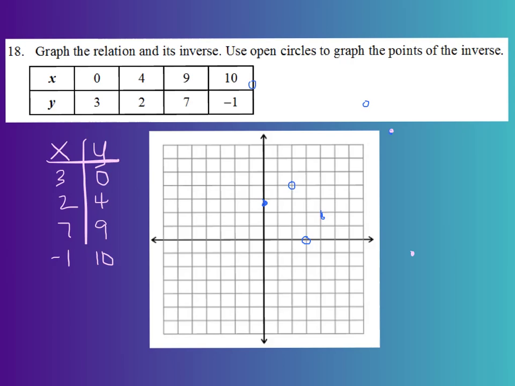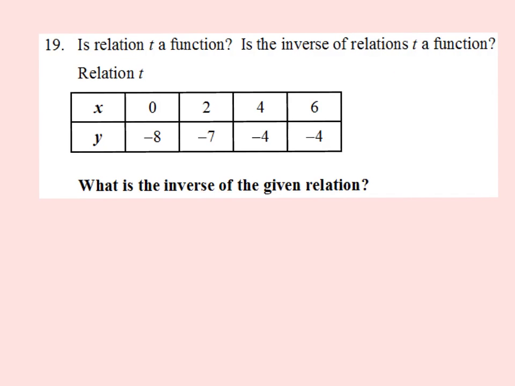All right, so this question asks us whether the relation that they've given us is a function, and then is the inverse a function? There's a really quick way to determine this, and basically that quick way is that you cannot have the same x's going to two different values.